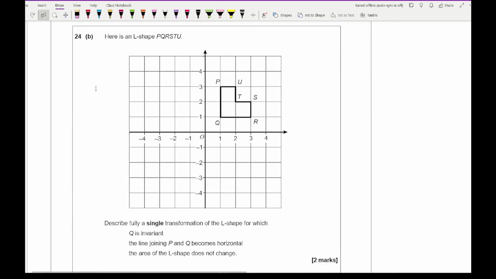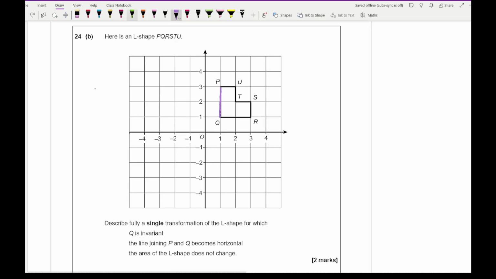Then for our last question, it says that here is an L shape PQRSTU. Describe fully one single transformation of the L shape for which Q is invariant, so it doesn't move. The line joining Q and P becomes horizontal and the area of L does not change. So PQ is this line here. Now we want to make that horizontal.